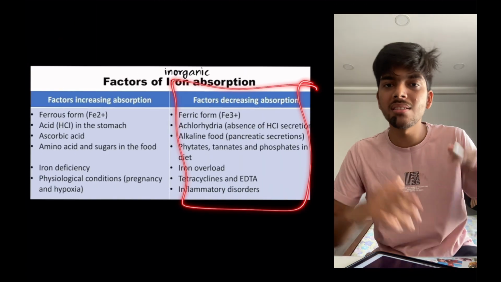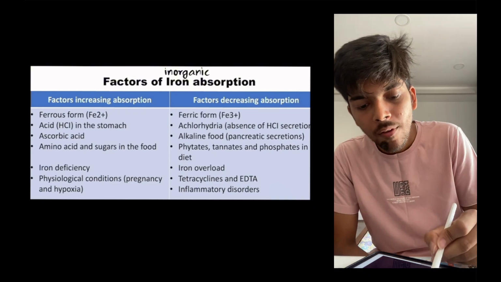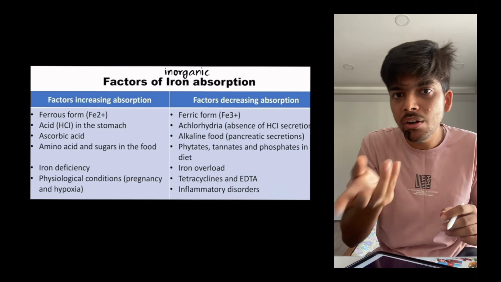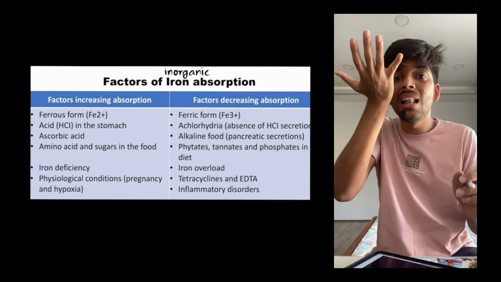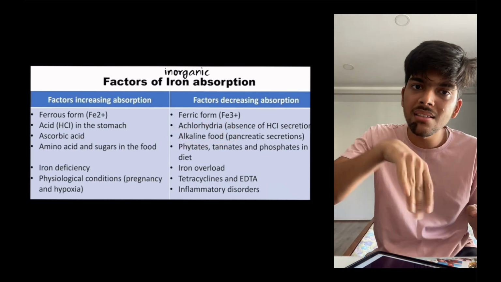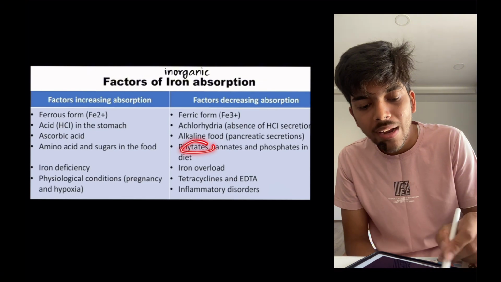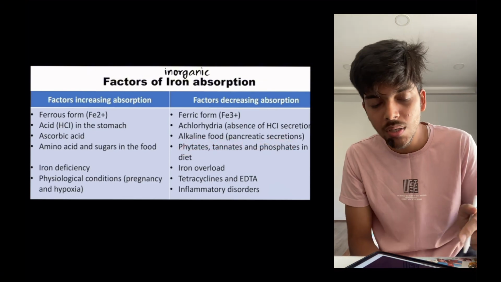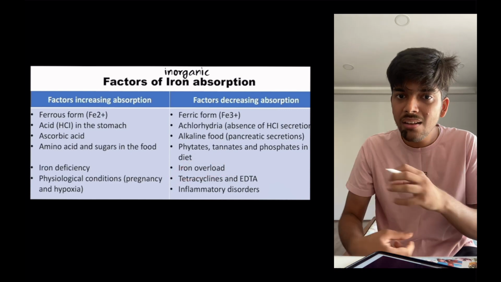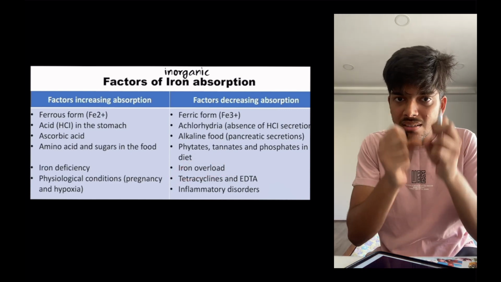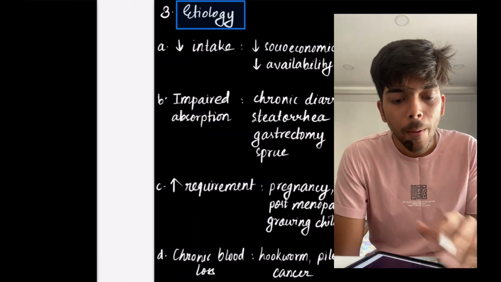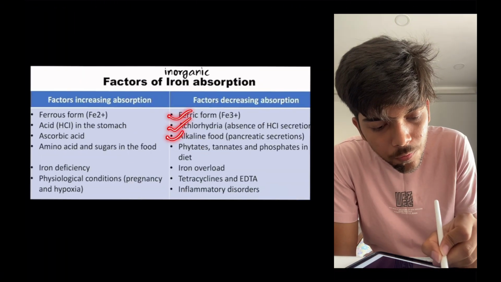All these factors decrease iron absorption: lack of HCl, as a result of which ferric is not reduced to ferrous, or increased alkaline condition, as a result of which ferric is not converted to ferrous, or phytates, tannates and phosphates which make chelates with iron so that iron is not absorbed, or if there is too much iron in your body already, as a result of which absorption of iron does not take place. Either way, these are the main three. First four.